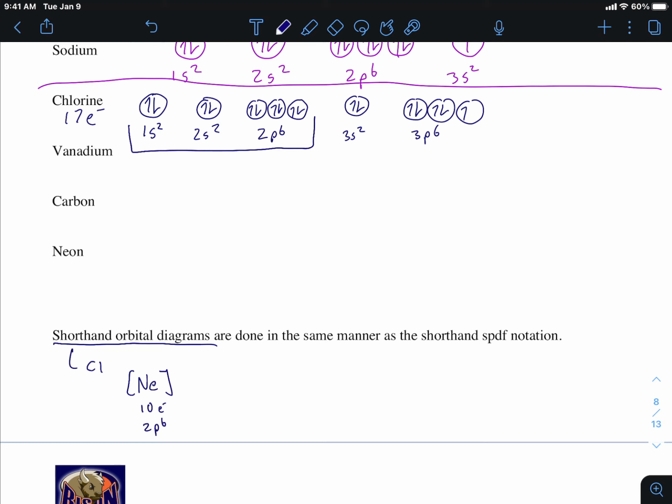So since I need to get to 17 electrons, I have to ask myself, what comes after 2p? Well, it's 3s. And then what comes after 3s? It's 3p. And there's only 5. So we can write shorthand for orbital diagrams the same way we figured out shorthand for the notation.